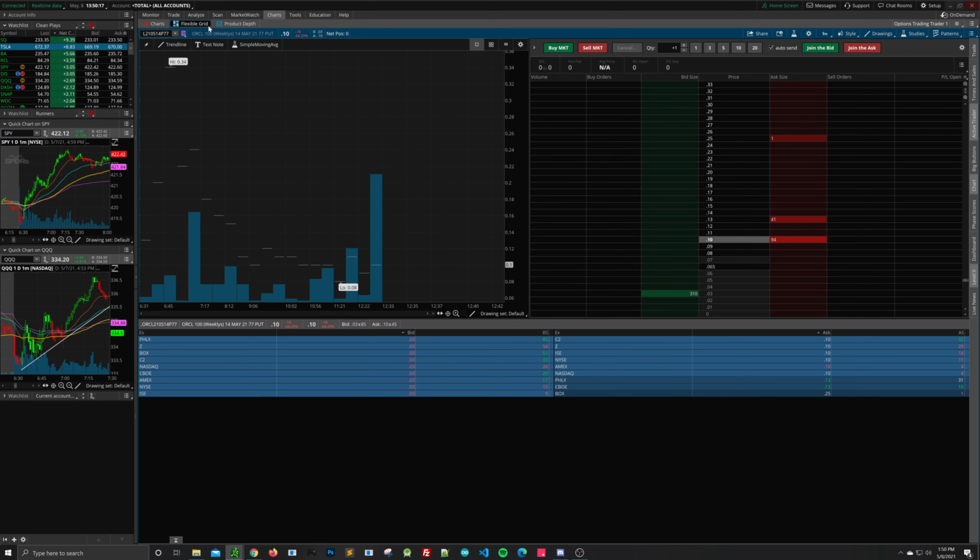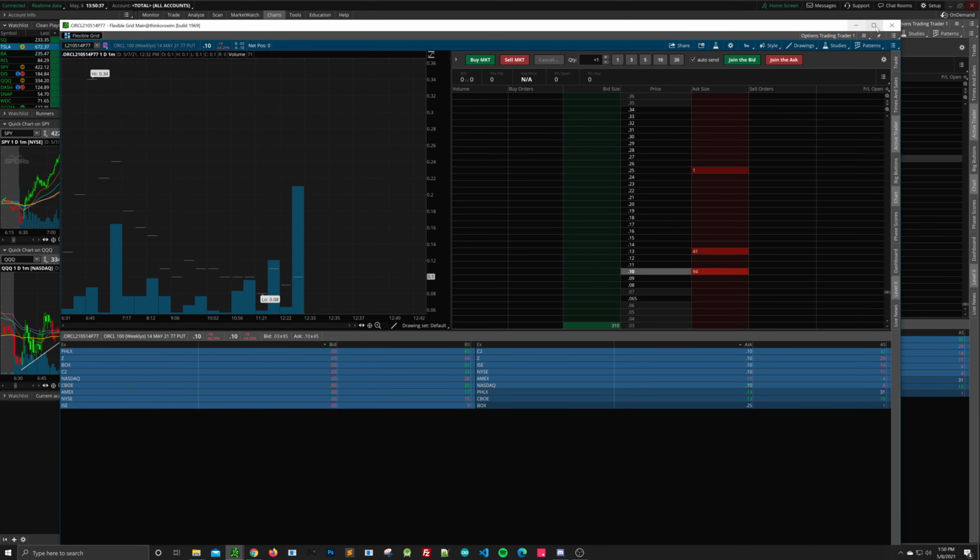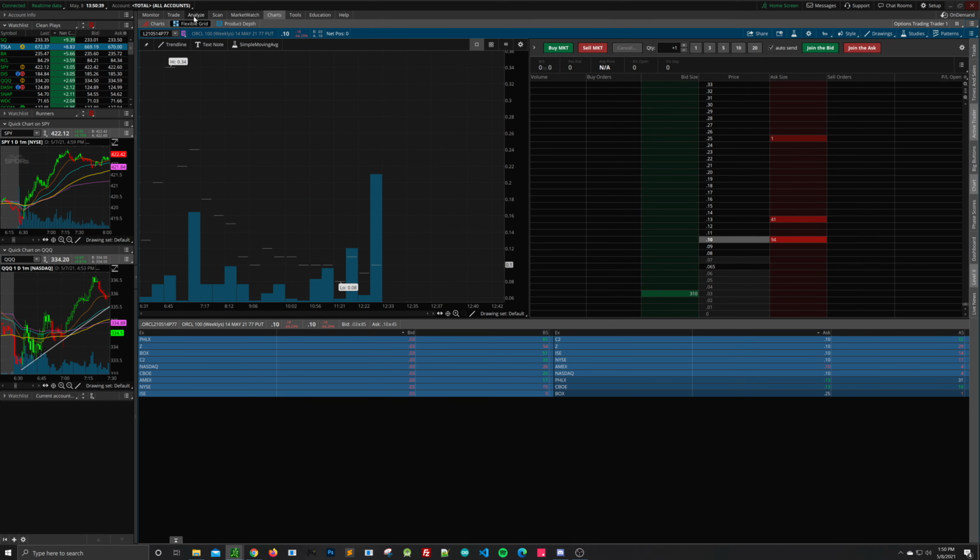So I go into flexible grid, and I actually created just one grid, an active trader, the chart, and the level 2. I rarely ever use the level 2 for options trading with the contract itself, but that's what I have. So let's detach this one. I actually already have this detached, but let's close that.